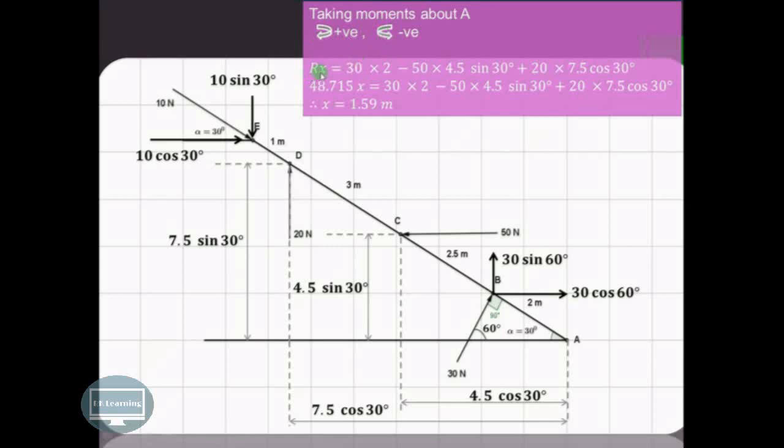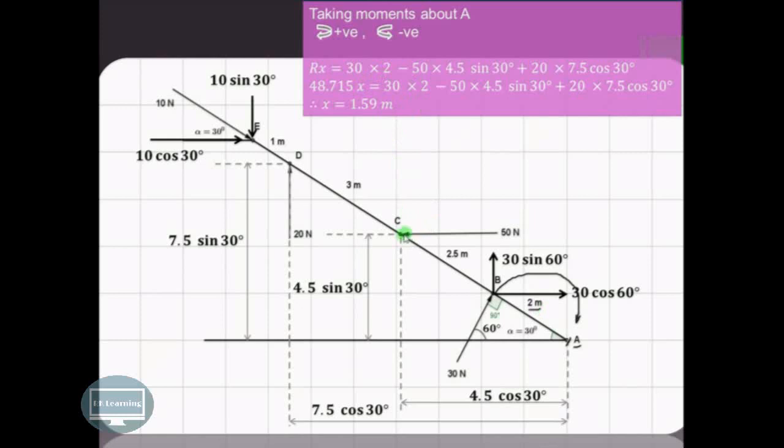So R into X, where X is the distance or point of application of the resultant, will be equal to, and now this is the important part. As we are taking moment about point A, this 30 which is acting in the perpendicular direction will produce a clockwise moment about A, and hence it is positive. So 30 multiplied by the perpendicular distance from B to A, which is 2 meter. So 30 into 2 is a positive clockwise moment.